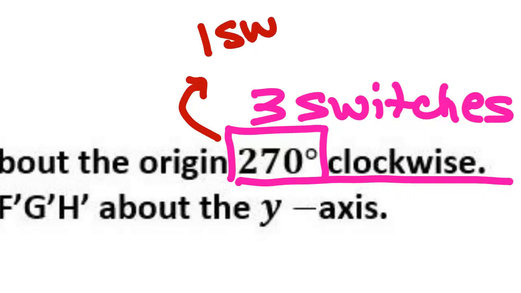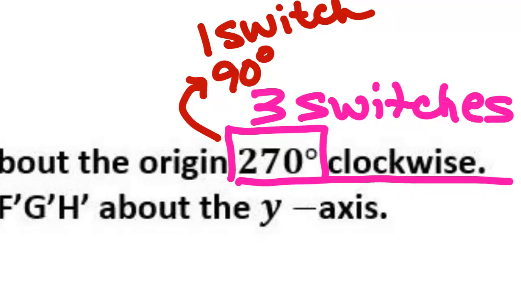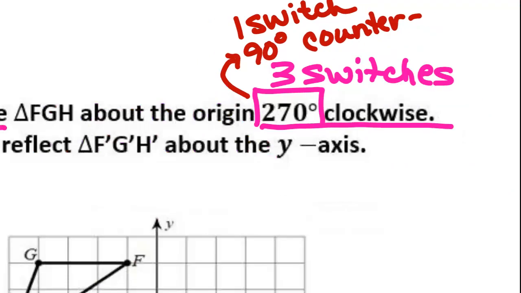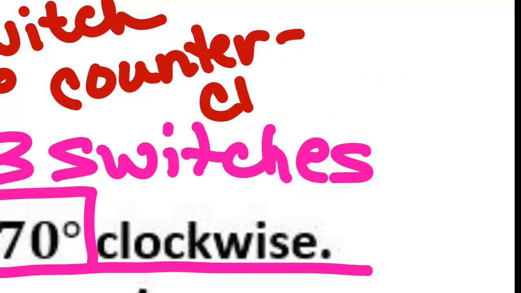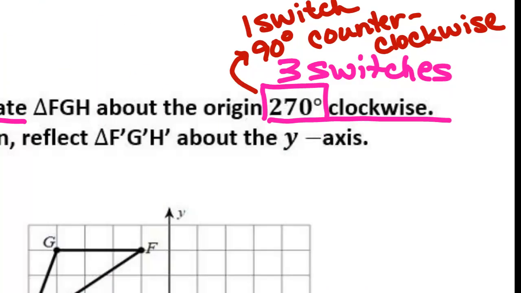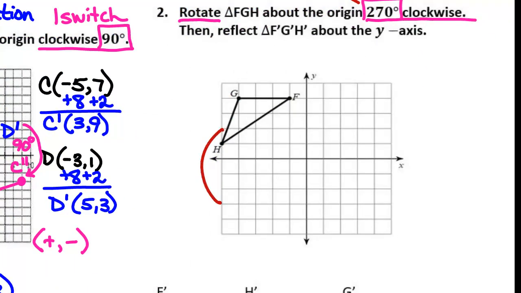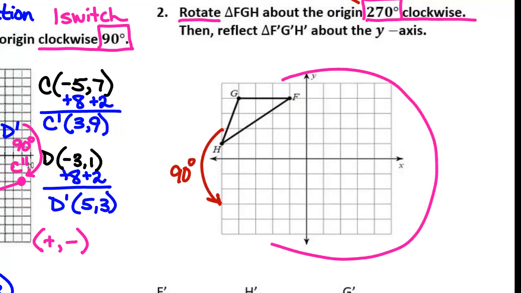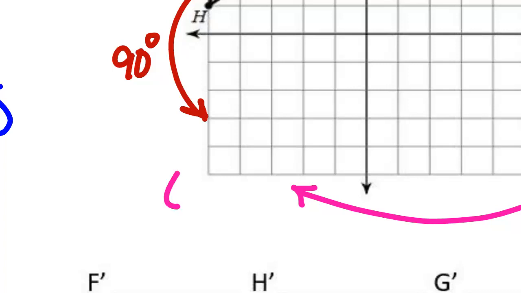So 1 switch would be 90 degrees counterclockwise. So 90 degrees counterclockwise would be like this. Or I can go 270 degrees counterclockwise like this. Either way, I end up in my negative quadrant, quadrant 3.